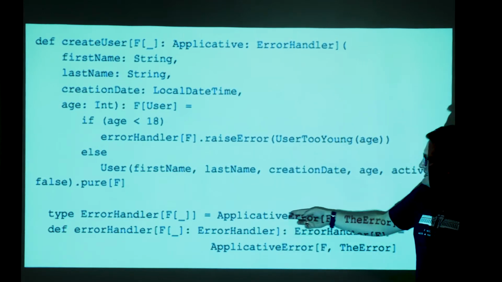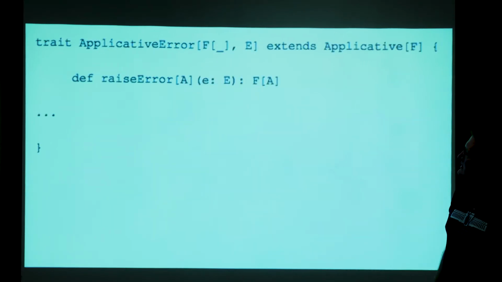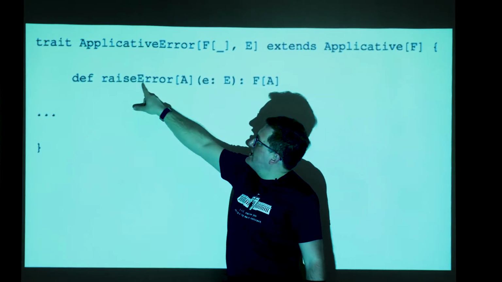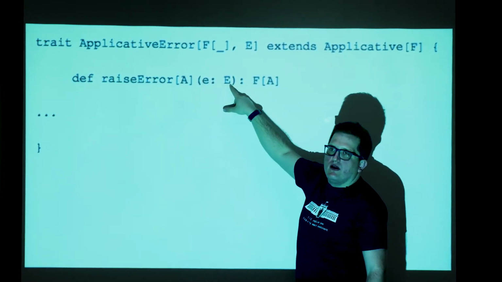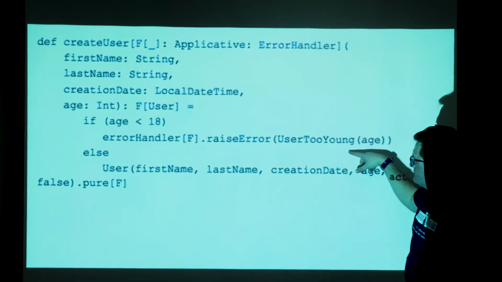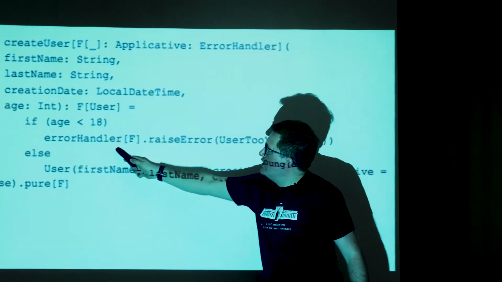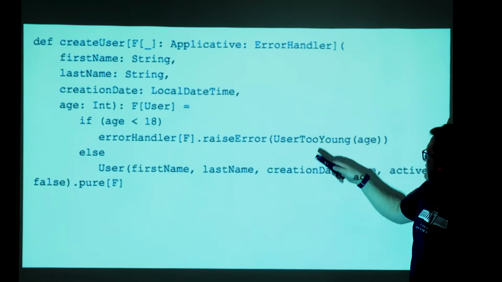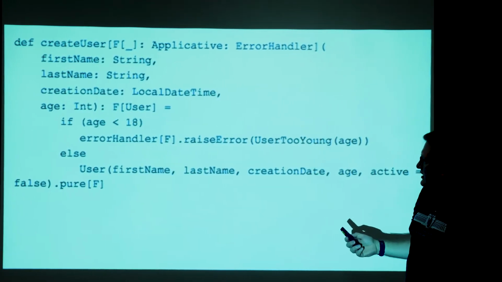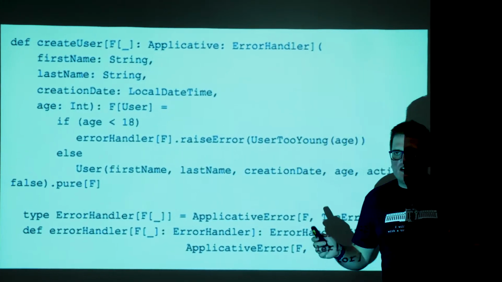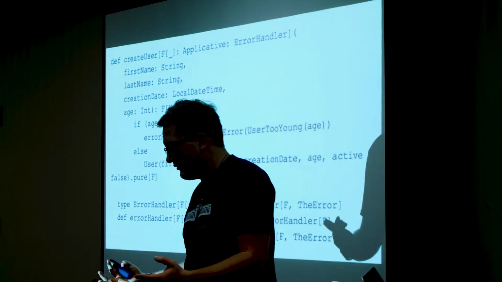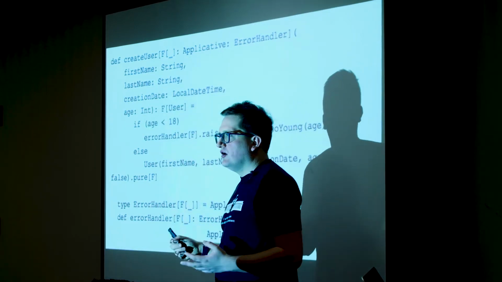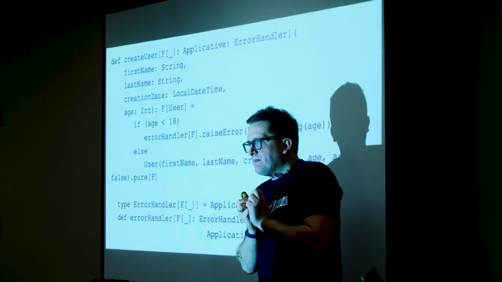Having this, we now have the ability to call the method raiseError with the error as an E here. So now we can just say, whenever there's an error, raise an error, we provide the error of the type, and that's it. Magically we have the ability to lift our error into our F. How that's being done, we don't know.